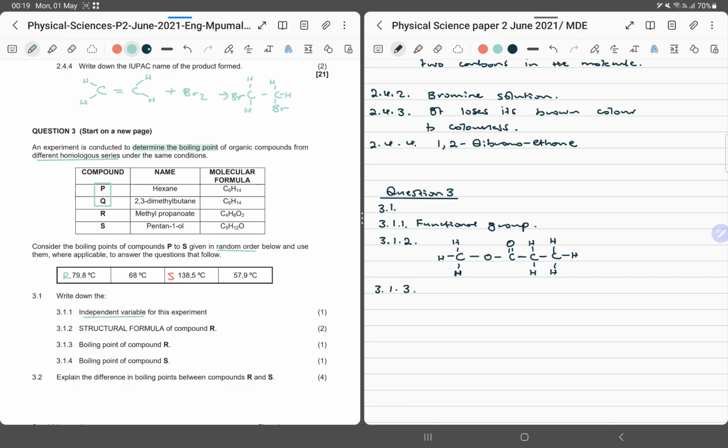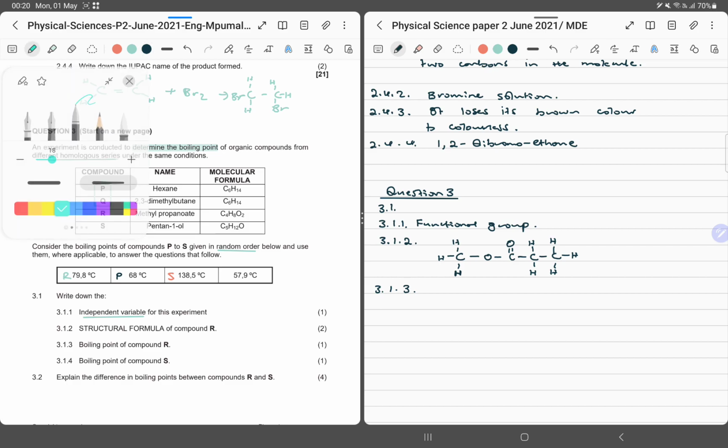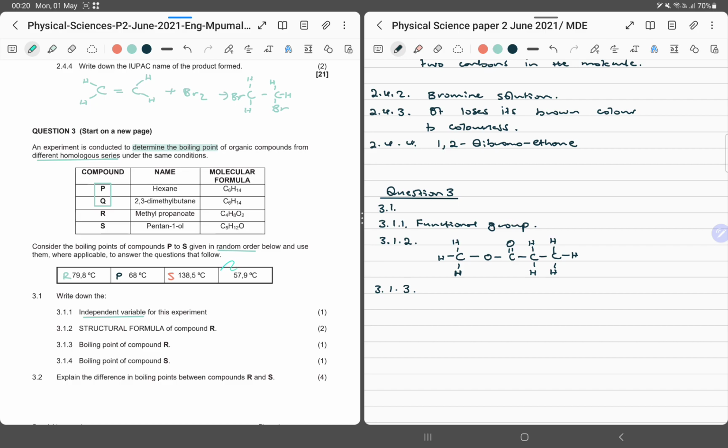Okay, and then the one that follows 79, which is going to be 68, is going to be the straight alkane. And then the branched one will have the smaller boiling point. So this becomes Q. Okay, great.